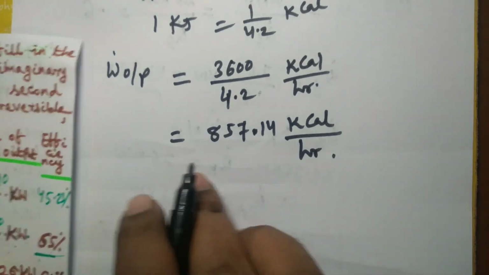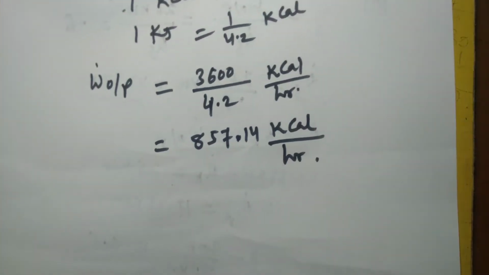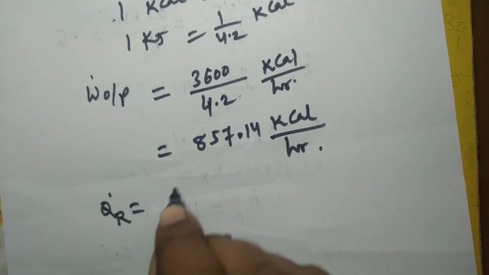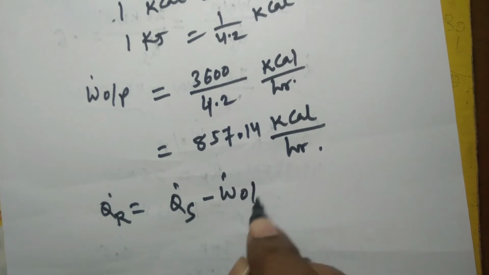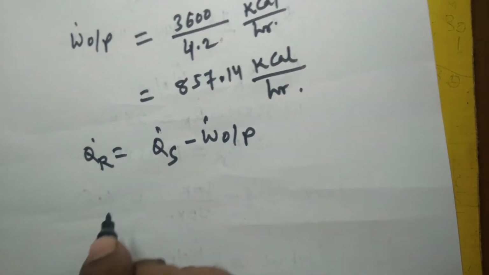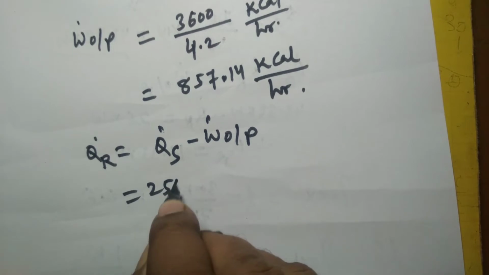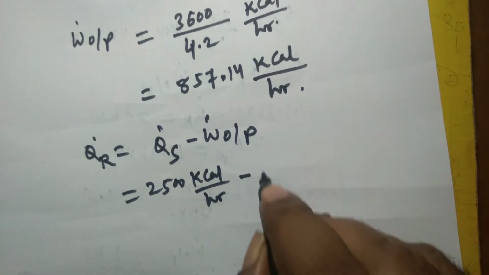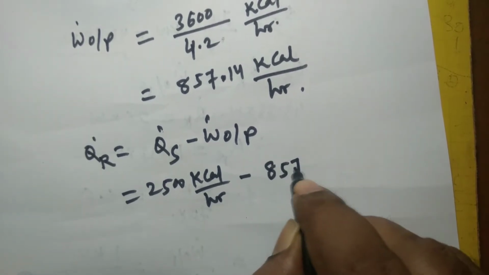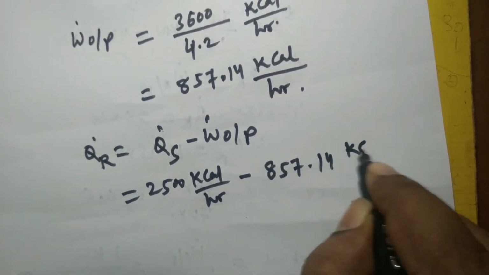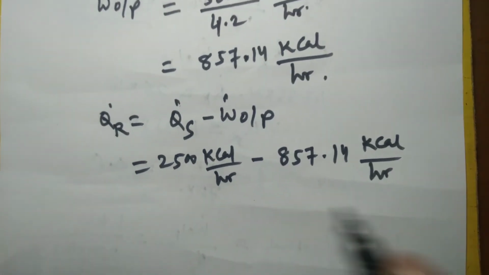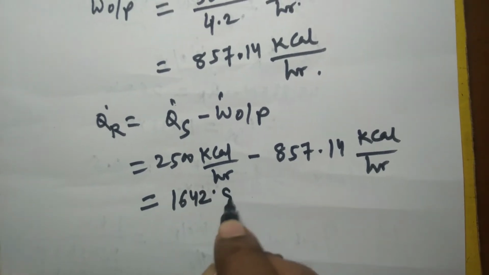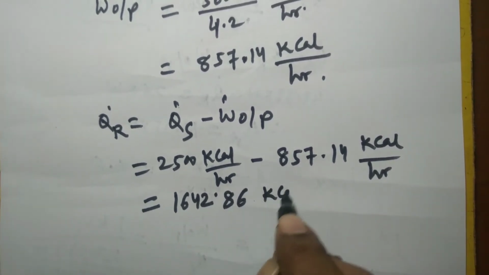Sorry, this is the work output, but we have to calculate the rate of heat rejection. Work output is given, so the rate of heat rejection is Q dot S minus the rate of work output, and Q dot S is 2500 kilocalorie per hour minus the rate of work output, 857.14 kilocalorie per hour, and this is equal to 1642.86 kilocalorie per hour.